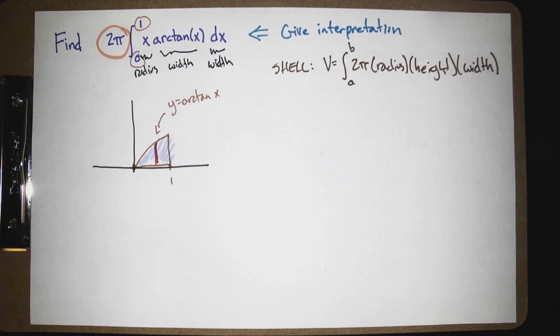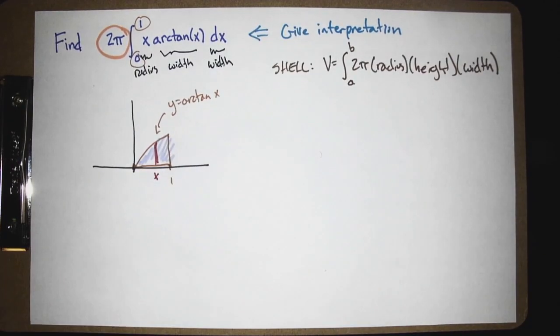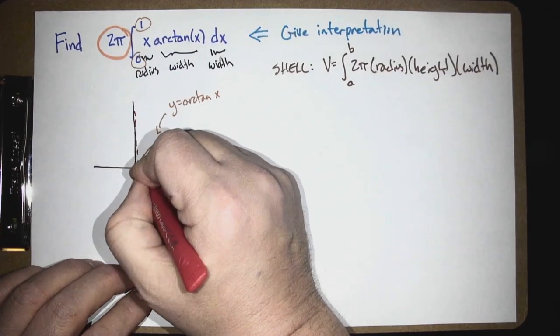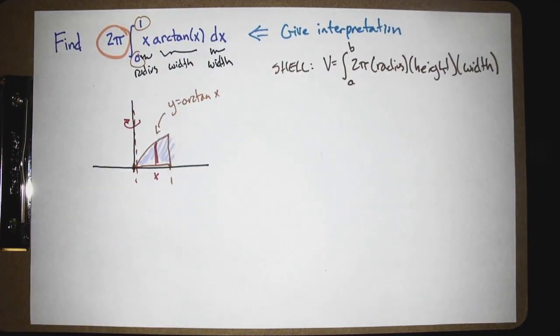Where are we spinning around? So if this is my slice at x, what is x away from me? The y-axis. So we are spinning around the y-axis.